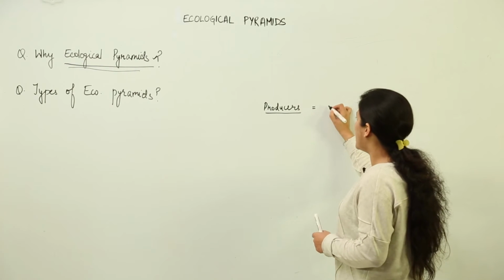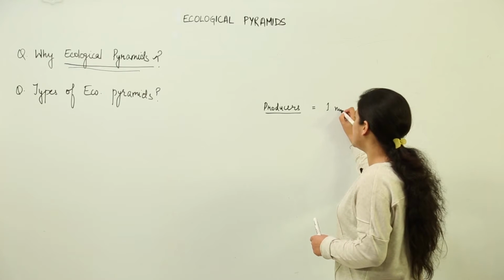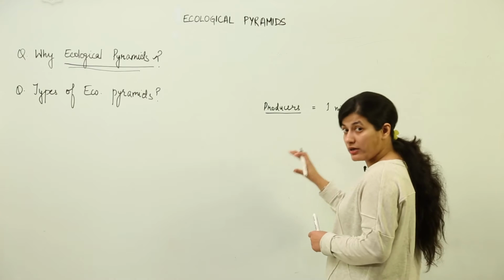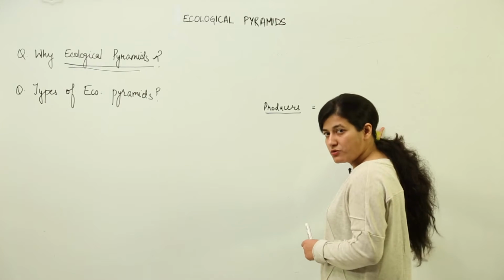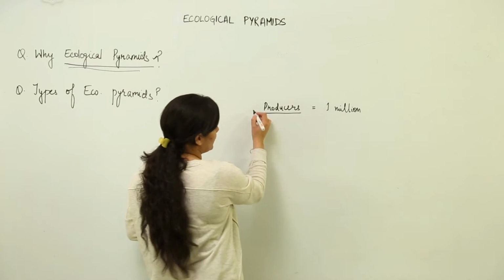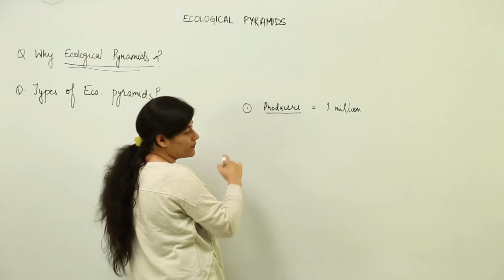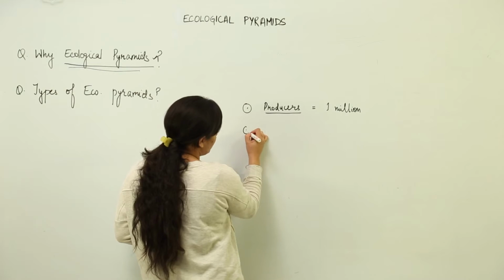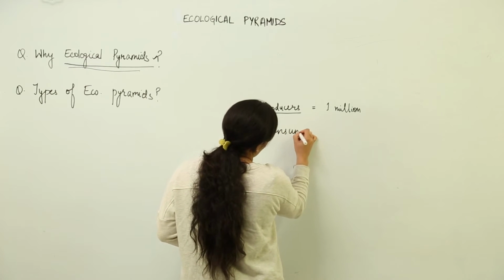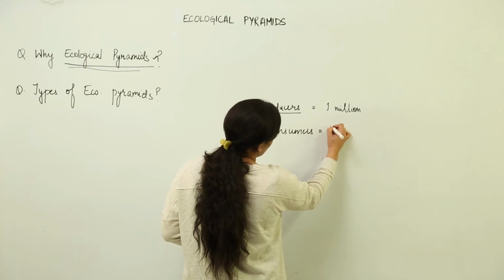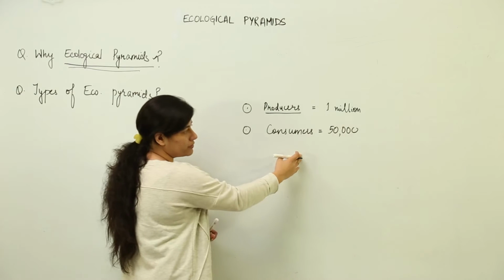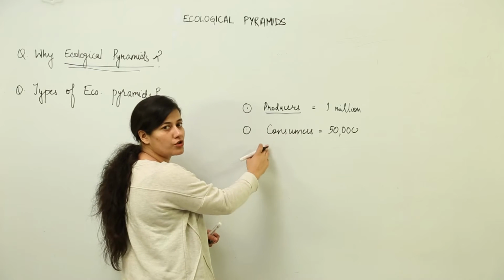If there are 1 million producers in a given ecosystem, which is a large ecosystem, that would tell the standing crop of this trophic level of the producers. Now on these producers, there would be dependent consumers, supposedly 50,000. So I am talking about numbers over here and I am considering each trophic level.